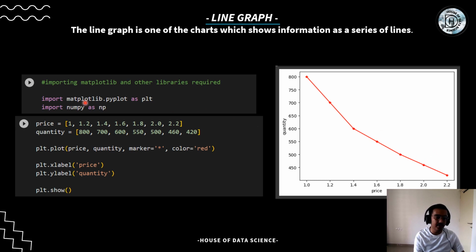So this is how you need to import the libraries. We had one slide on pip install, but that is required if you are installing in your system. If you are using Google Colab, you need to only import this library. You need to give an alias, plt, and then you can write a particular code, which is something like this.